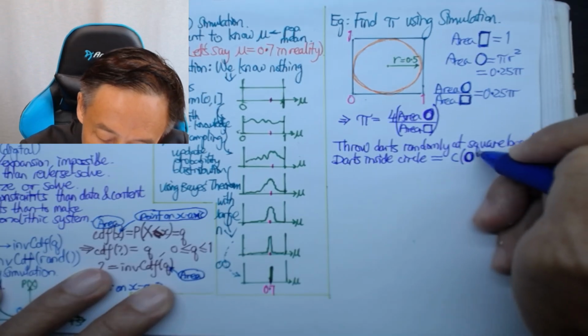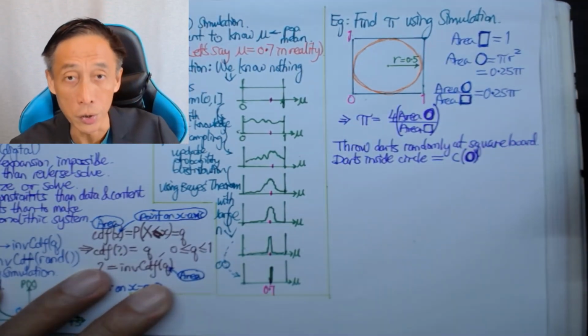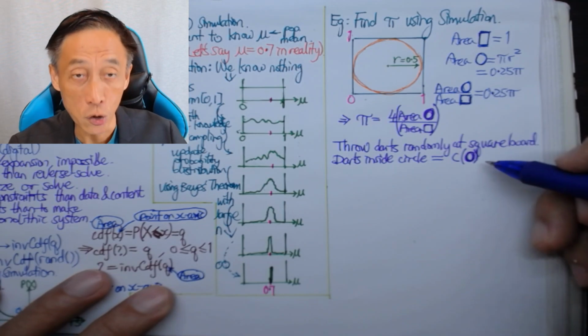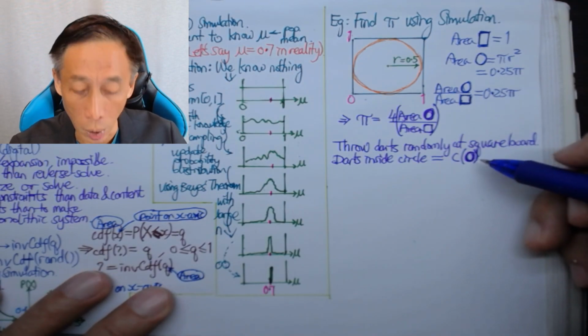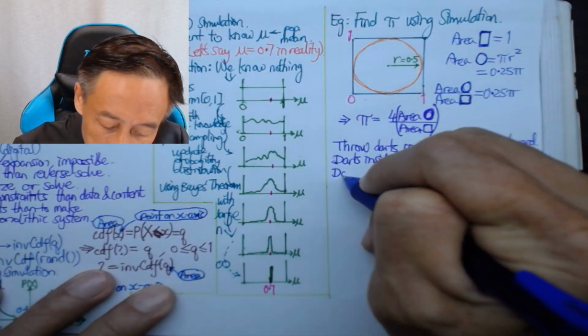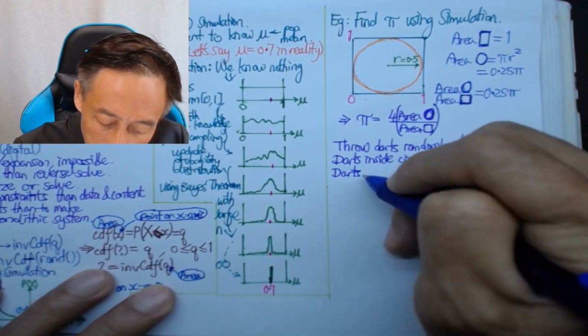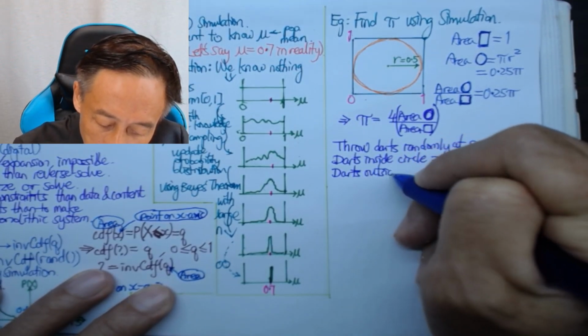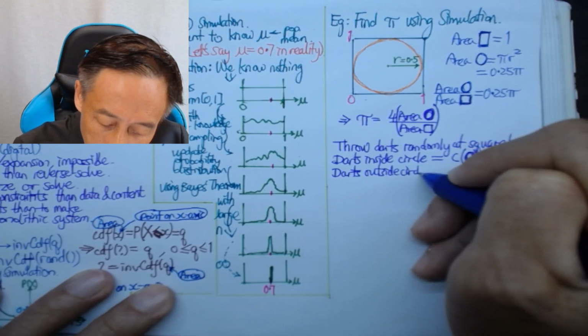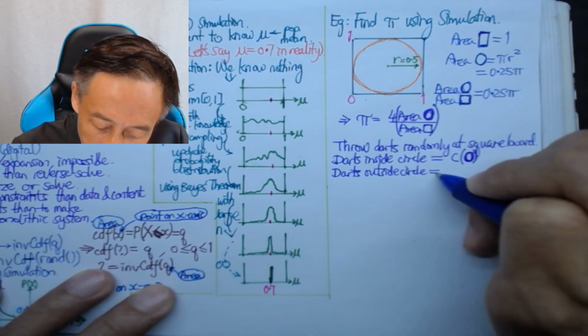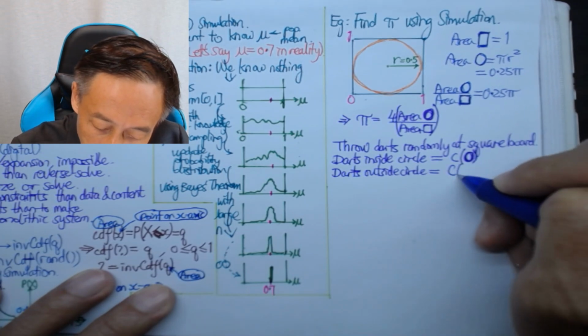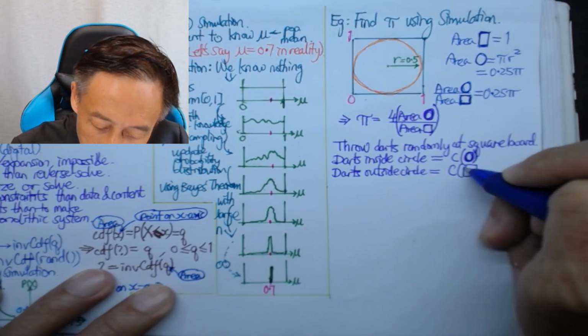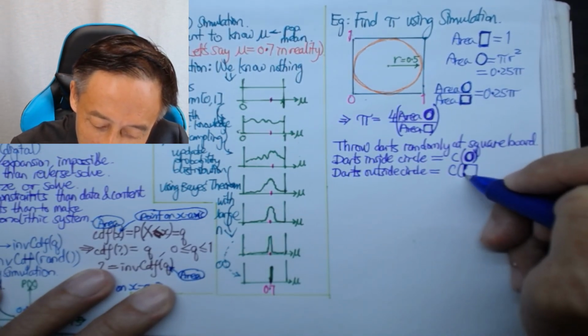Let's just do a symbol there for a quick notation, right? Count of circle. You can imagine that we can count this in a program. Then darts inside square, outside circle. We can call it the count of the corners of the square. So I'm just going to color the corners.